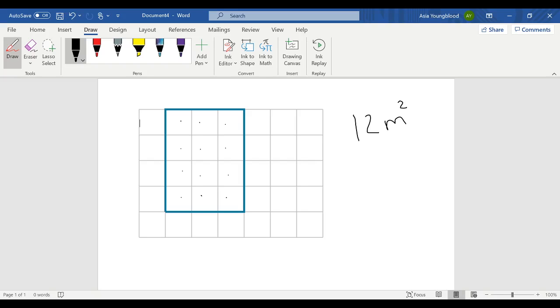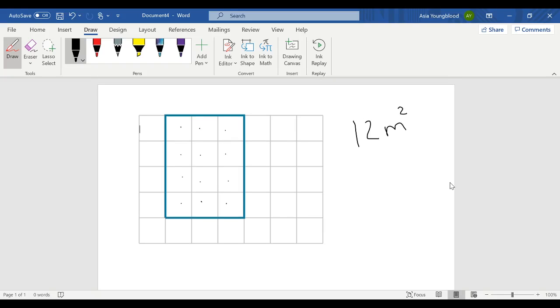Another way we can calculate the area of a rectangle, which most of you I know will remember, is to multiply the dimensions. So we know this length here that I just drew over is 3, right? Because there are 1, 2, 3 squares. This length here is 4, and that's because there are 1, 2, 3, 4 squares.